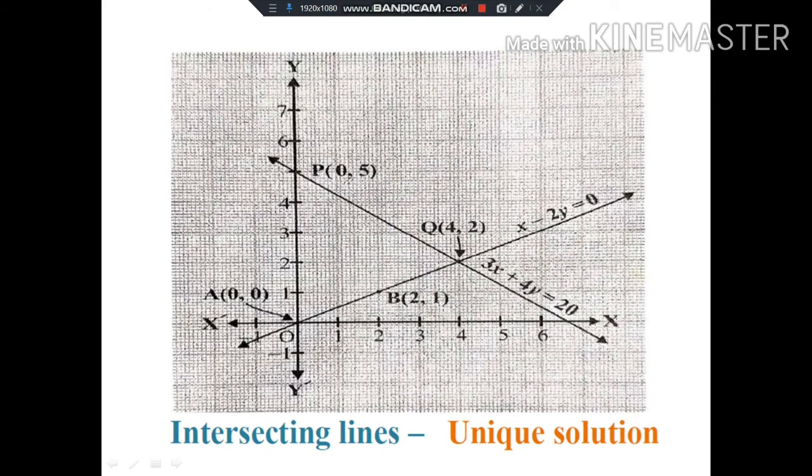Dear children, when the condition is a1 by a2 is not equal to b1 by b2, the lines intersect each other. When we plot it on a graph, they intersect at a point. So, intersecting lines will have a unique solution.